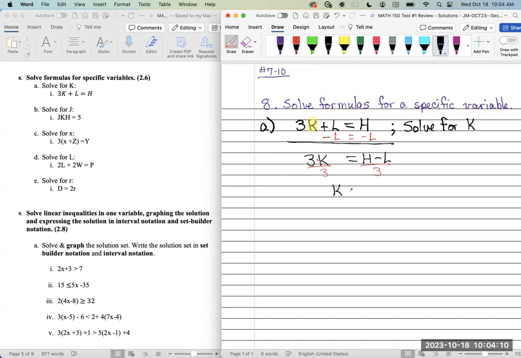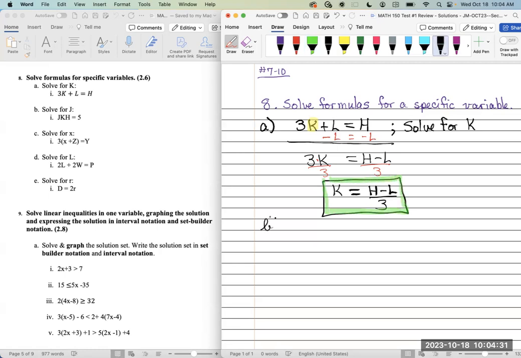Basically, if we give you alphabet soup and ask you to solve it in terms of a specific variable, we are expecting alphabet soup back. We're expecting an equation with a bunch of variables. And that's it. That's what the answer looks like.